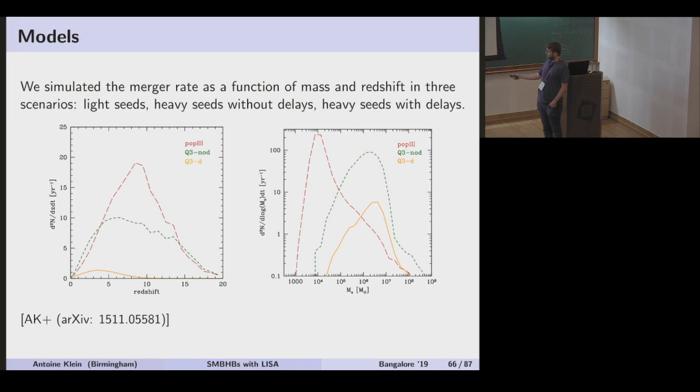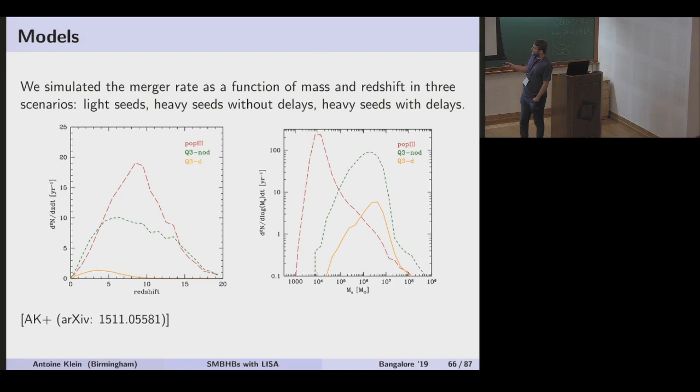All right. So what we see here is that first, the light seed scenario predicts the largest merger rate. That's probably to be expected. We need to grow those black holes much more up to the present.